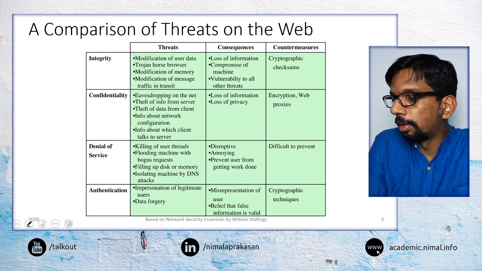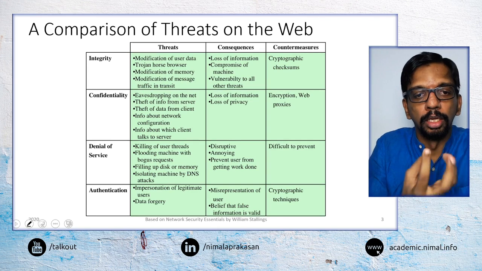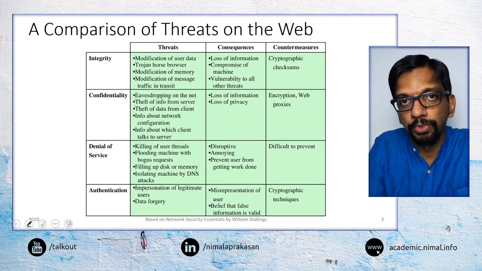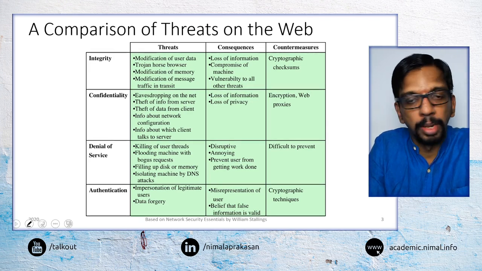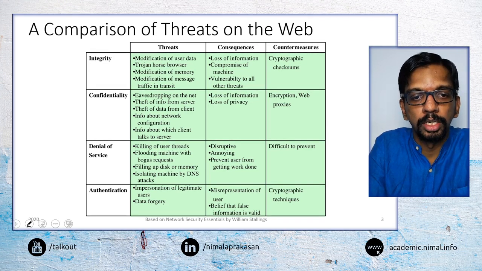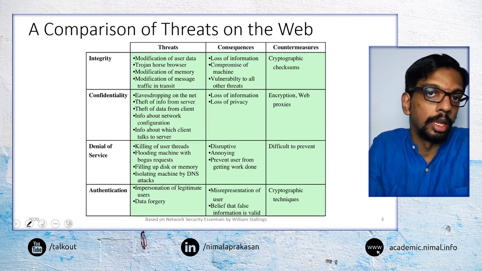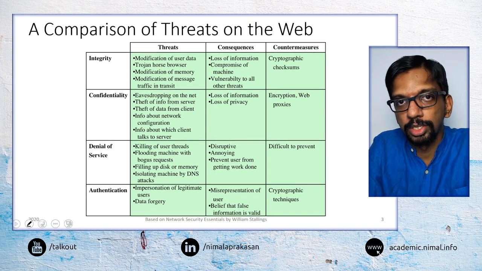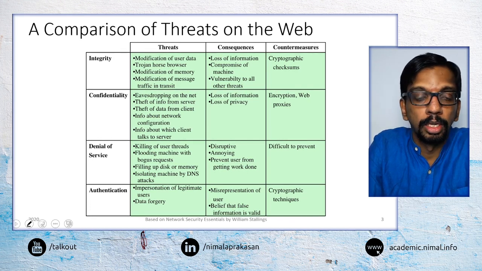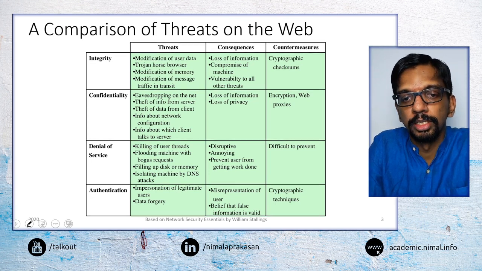When we think about integrity, this is where the user data is modified without consent. This could happen in many different ways: modification of user data using Trojan horses that appear in web browsers. So at one end or the other of the network traffic, the communication on the web, there can be integrity based attacks happening. Threats are potential at those ends.